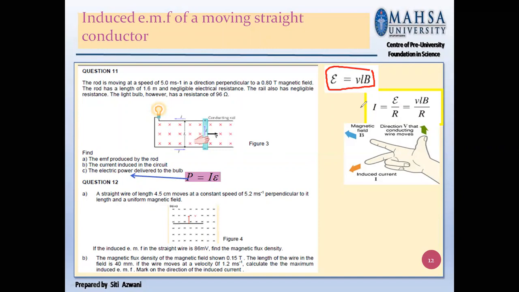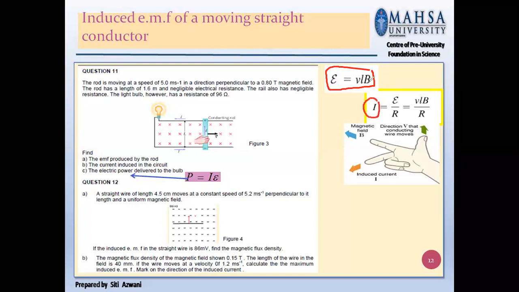So when you have a question under the induced EMF of a moving straight conductor, how to calculate the induced EMF? What is the value of the voltage? What is the value of the EMF? You need to apply this formula, E equal to VLB. And this is the formula to calculate the induced current.